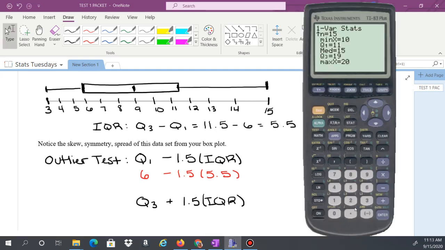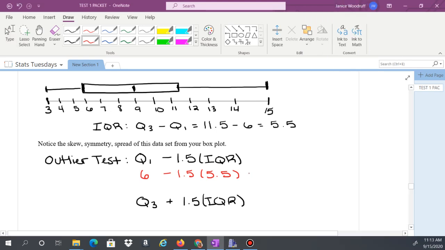So we could just put that in our calculator. 6 minus 1.5 times 5.5. So negative 2.25. So if there were any values on this data set that were less than negative 2.25, it would be a true outlier.